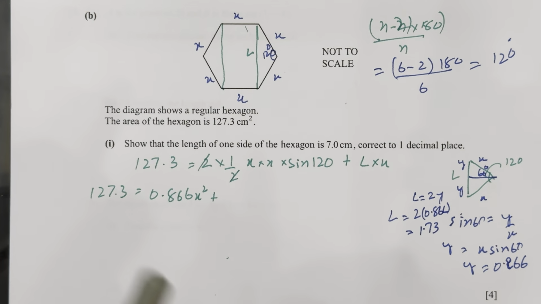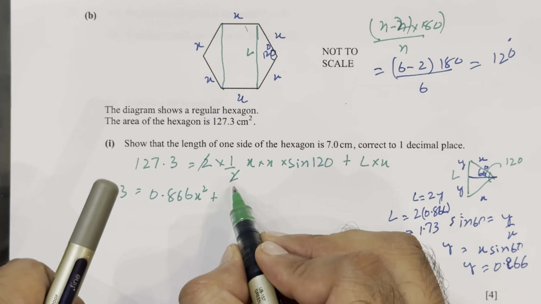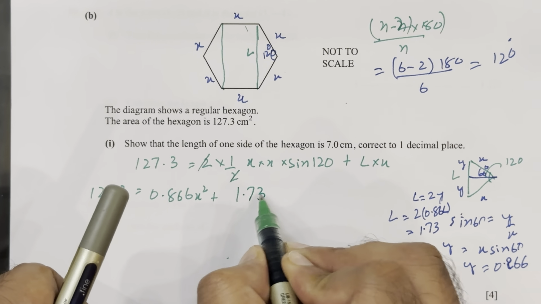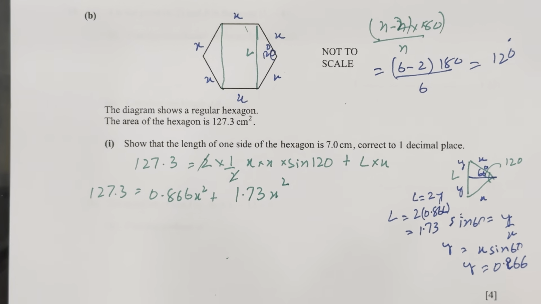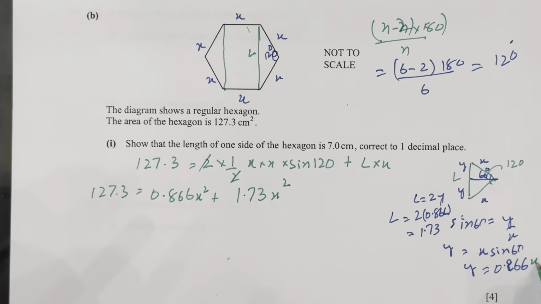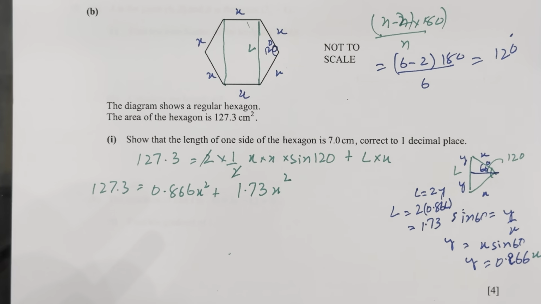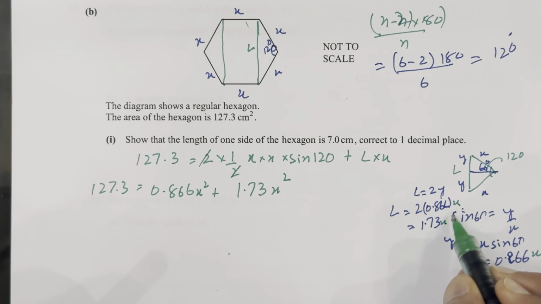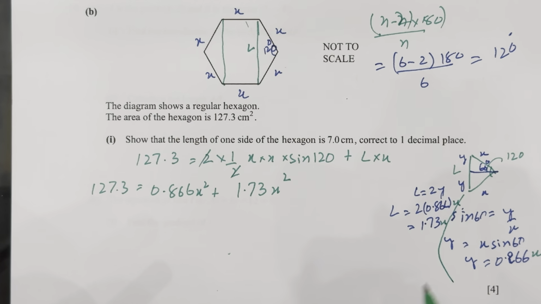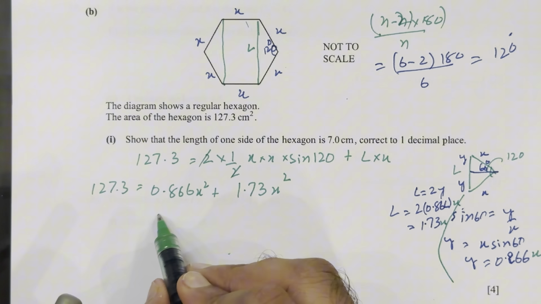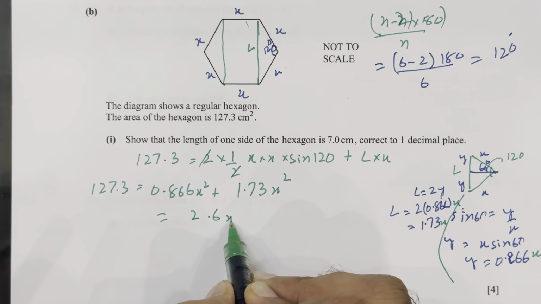Now you need to put this value of 1.73 over here. It would be x squared. After solving it, okay, you need to write x as well over here. Okay, after solving it, you get the value that is equal to 2.6 x squared.